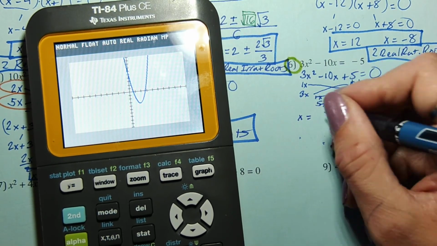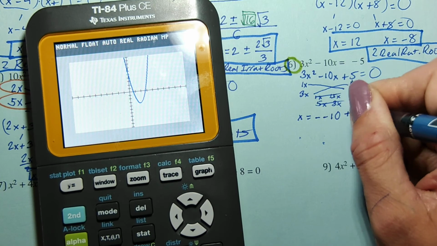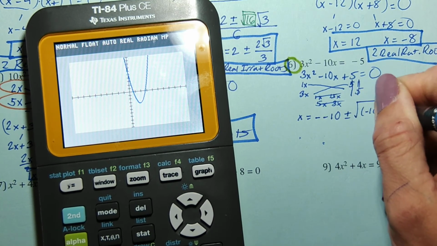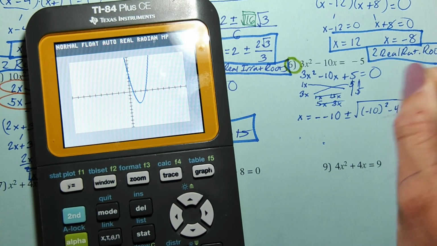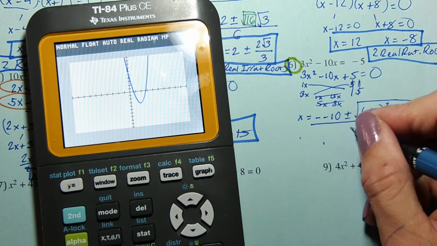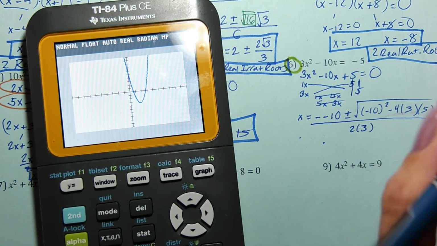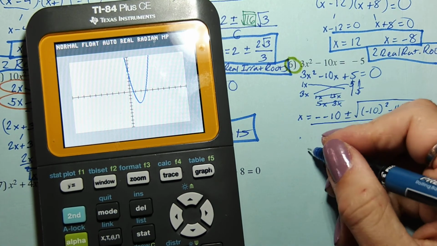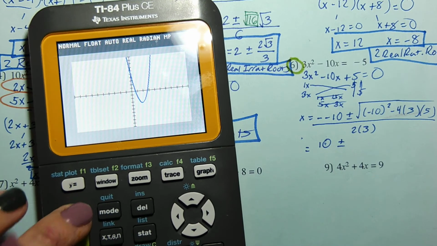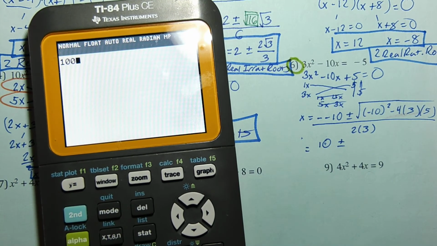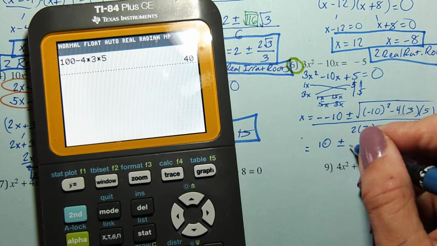Quadratic formula is negative b, negative 10, plus or minus square root b squared minus 4, a value of 3, c value of 5, all over 2 times 3. So positive 10 plus or minus, let's see, 100 minus 4 times 3 times 5, 40.